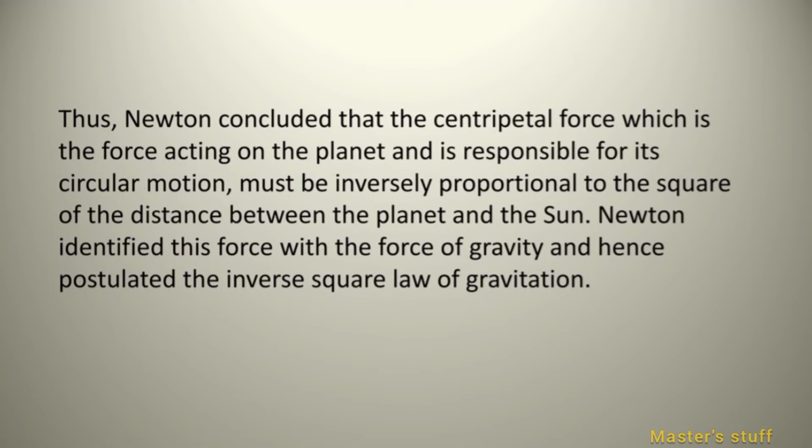Newton identified this force with the force of gravity, hence postulated the inverse square law of gravitation, stating that the centripetal force is inversely proportional to the square of the distance between the bodies.